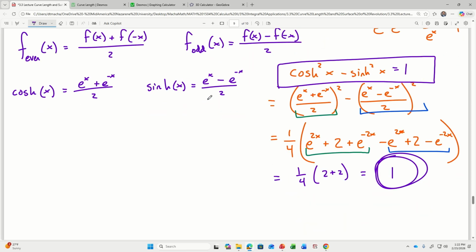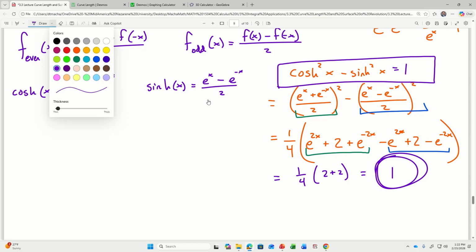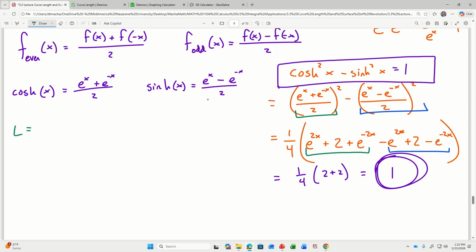So let's use our curve length formula. For an explicitly defined function, it would be the integral of the square root of dy dx squared plus 1 dx.